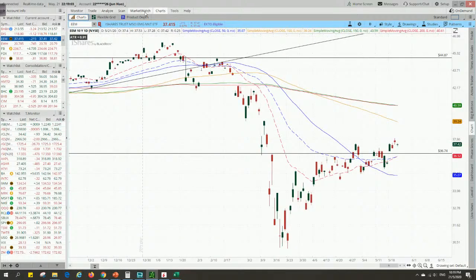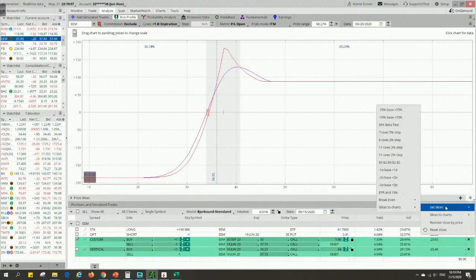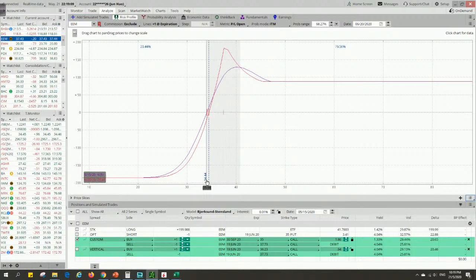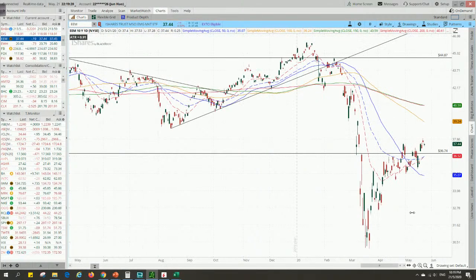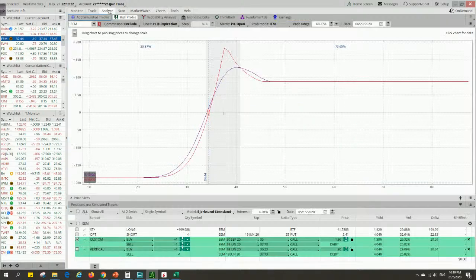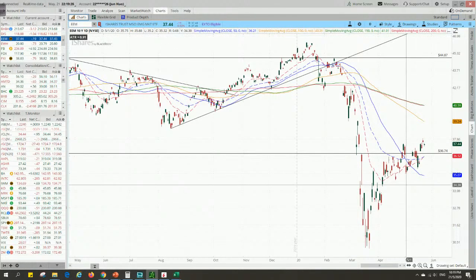So let's look at the levels then. Break even 34, max profit 37. 34 will be somewhere around here where I will experience my max loss.